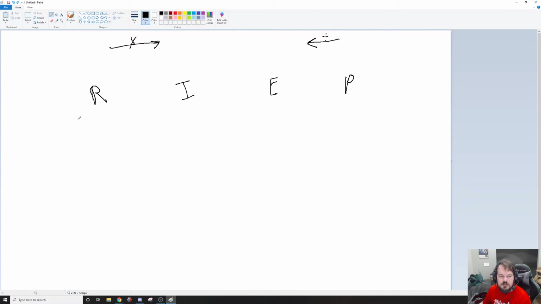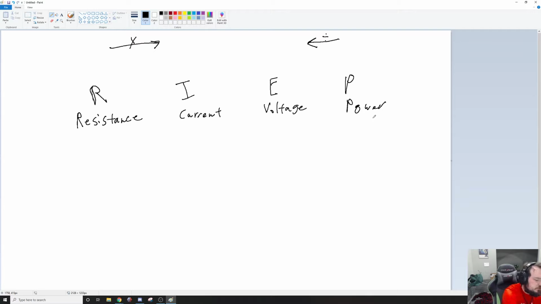So this is resistance. R is pretty straightforward. This is current, voltage, and power. So resistance times current will give you the voltage.